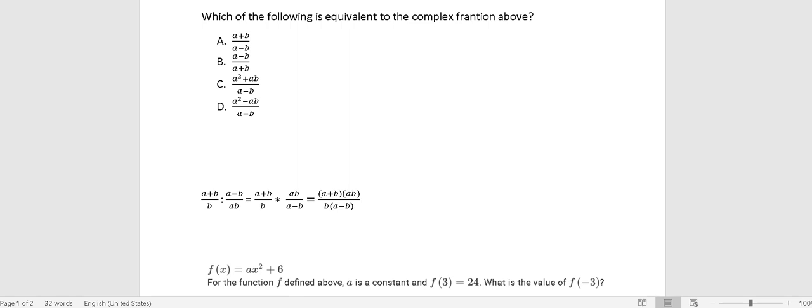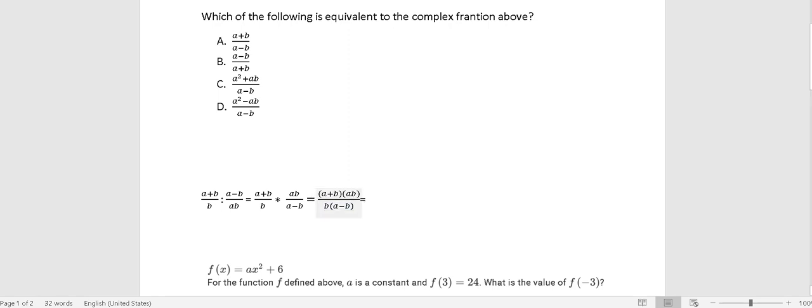So we are now going to reduce the terms. You can only reduce the terms that are multiplied, not the terms that are added or subtracted. You cannot reduce the a in a plus b or the b in a minus b, but you can reduce a plus b or a minus b as a whole because it is a multiplied term.